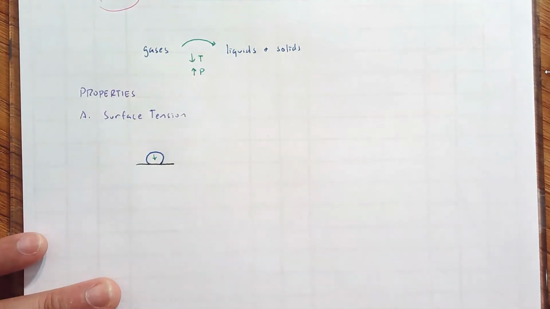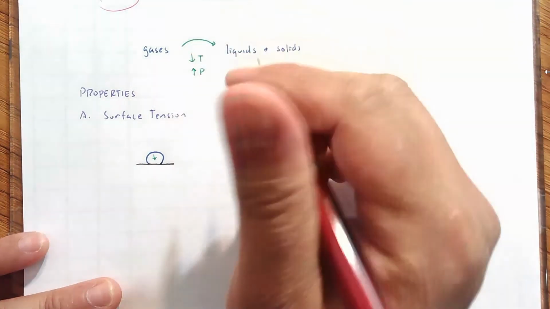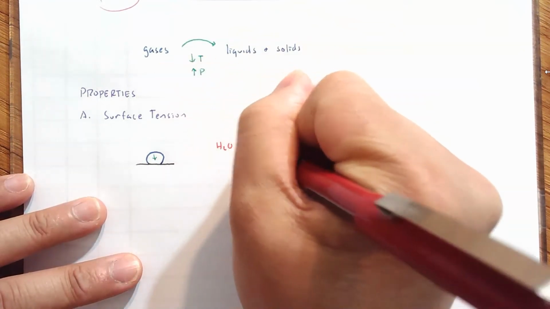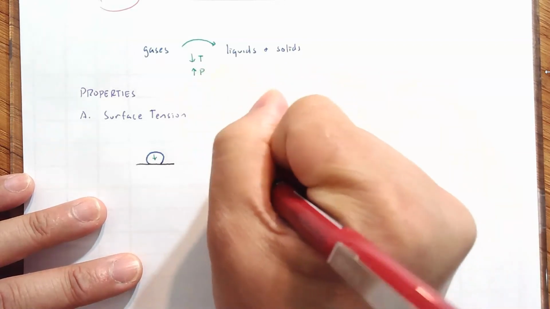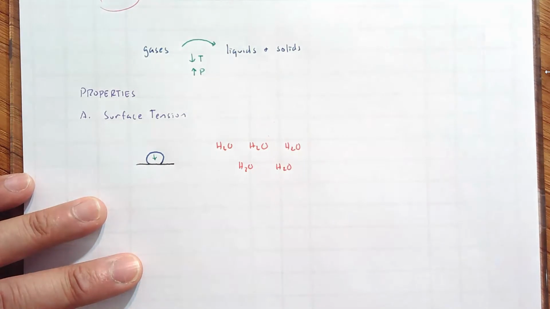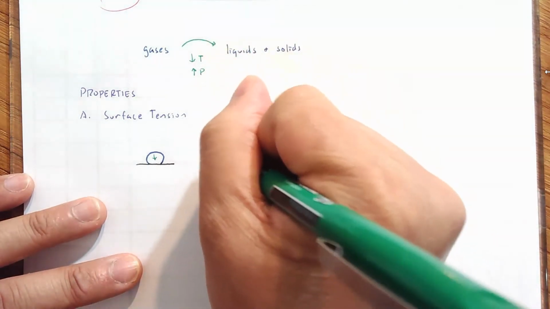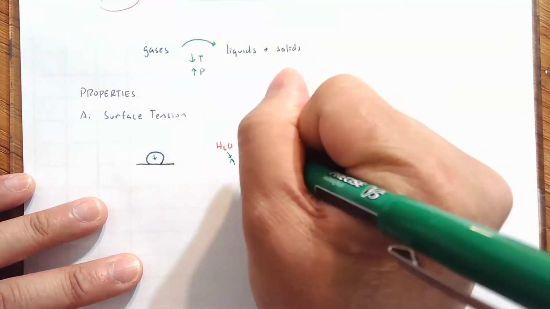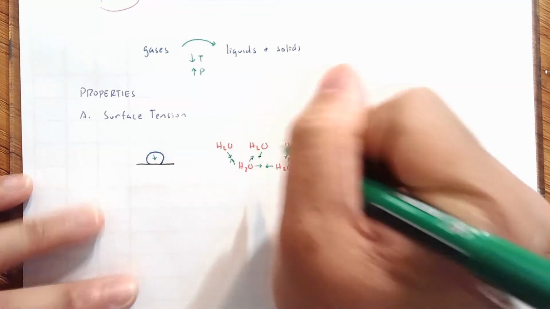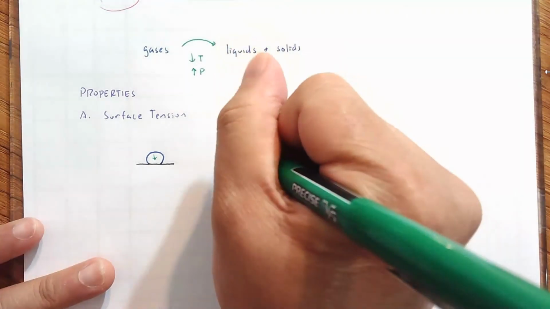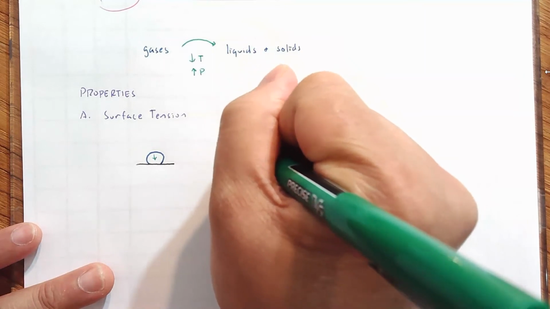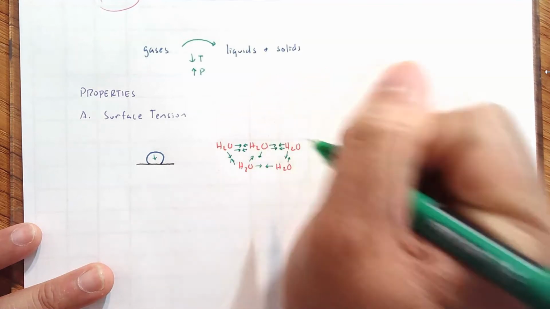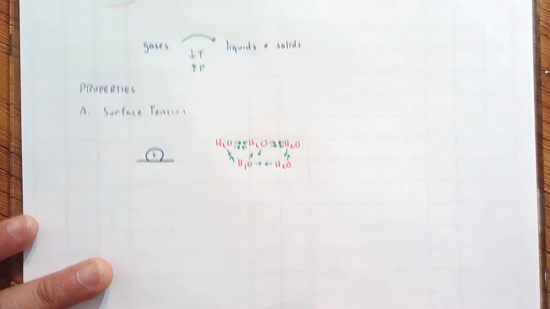So let me draw a couple of water molecules at the surface and a couple water molecules underneath. And like I said, there's interaction between the water molecules. So yeah, we'll need to review our intermolecular forces. But the fact of the matter is the attraction between these water molecules at the surface is a bit stronger to counterbalance the pull inward because there is no pull upward.